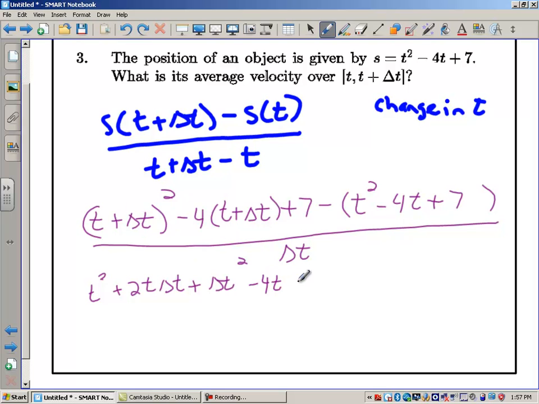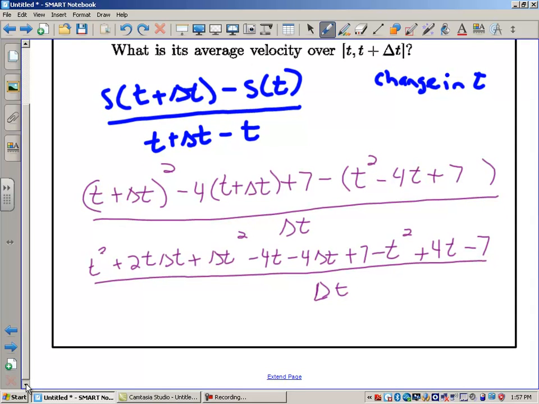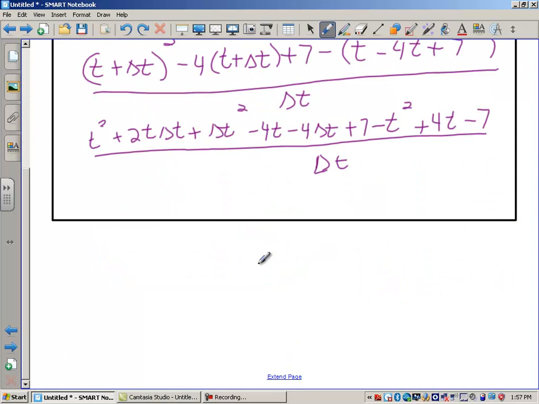Minus 4t minus 4 delta t. And then we've got the plus 7. And let's distribute our negative. Minus t squared plus 4t minus 7. All over delta t. I don't even know if I'm going to have room for all this. It's a weird delta there. All right. So let's see if this cleans up at all.